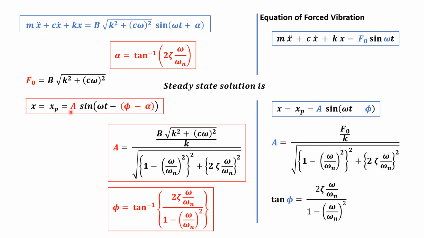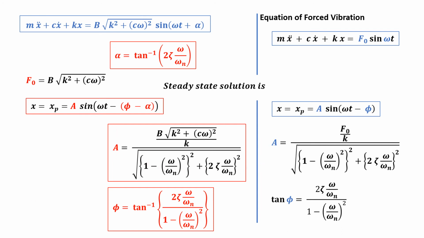Similarly, the solution will be, amplitude of vibration, a sine omega t plus alpha minus phi, or we can write minus phi minus alpha. So the new phase difference is phi minus alpha, and a is the amplitude.